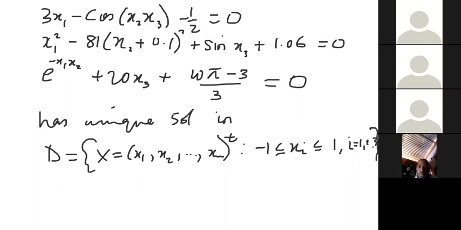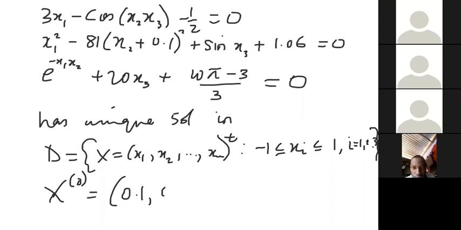We want to show that this system of equations has a unique fixed point in that D, and we should be able to iterate using x naught equal to (0.1, 0.1, -0.1).